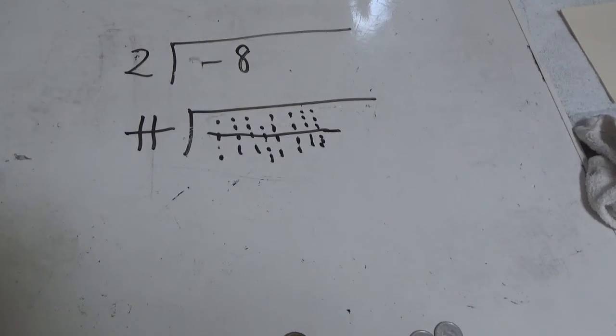Next, division of a negative number by a positive number. Minus 8 divided by 2. How many times can 2 be subtracted from minus 8 until the result is 0?